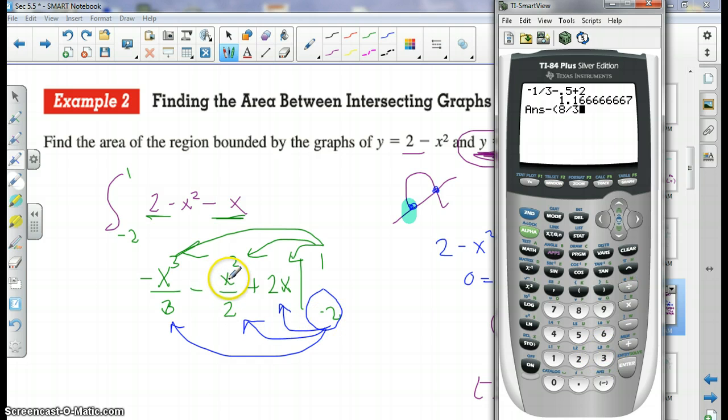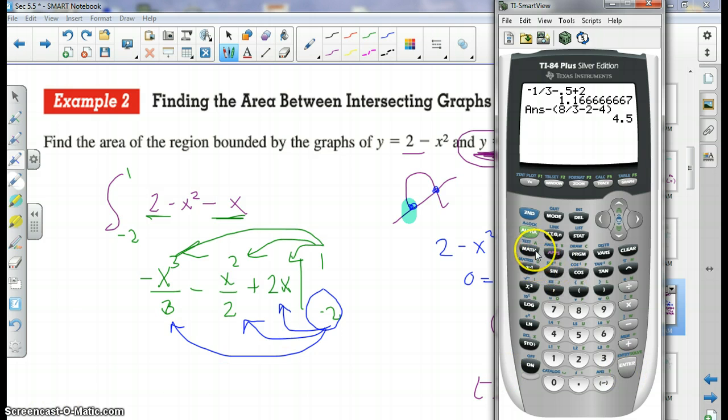If I plug in a -2 here, it becomes positive 4 divided by 2, but it's negative though, so I'm going to say minus 2, because I got a 4 in the numerator and a 2, and then minus 4, because this is 2 times the -2. We'll let my calculator do the number crunch, and I get 4.5.